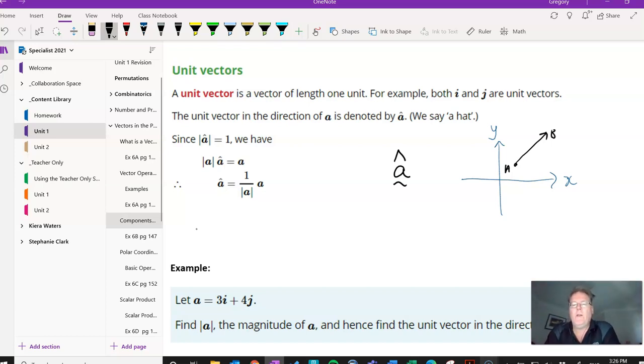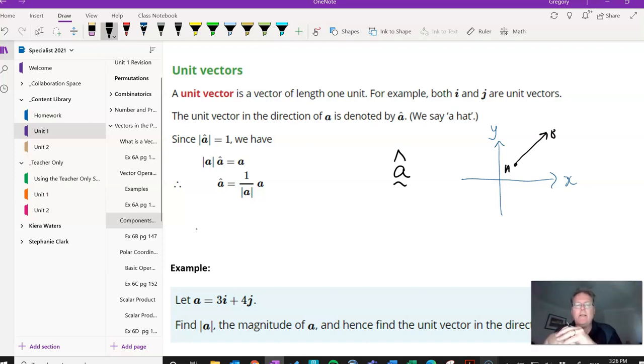And I want to know what the unit vector is in that direction. So its direction is some way up that way. So I want to know what would be the unit vector in that direction. So unit is like one length, so 1 unit long.